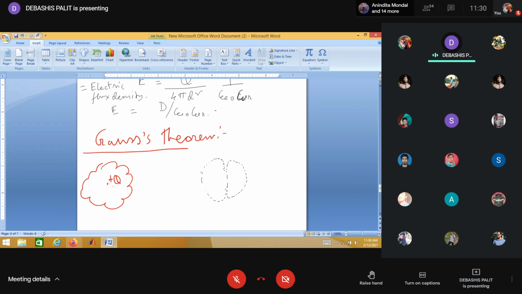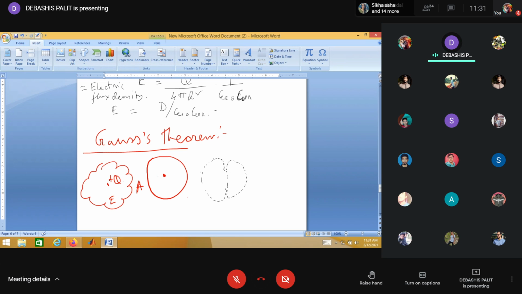If you consider that charge q is there at any point, the electric field intensity due to this charge is E, and the surface area is A. Firstly, consider a spherical shape, though the theorem states that the surface shape and the position of the charge are immaterial.